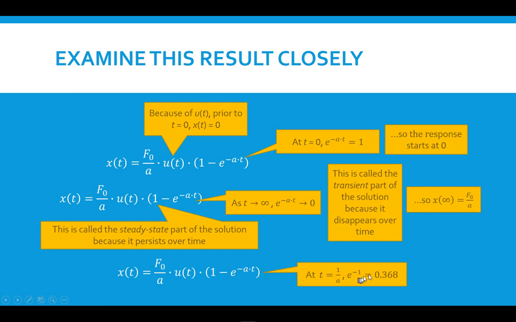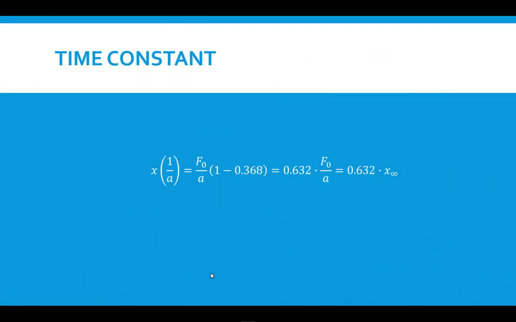And e to the minus 1 is 0.368. So when we subtract 0.368 from 1, we get 0.632 times x at infinity, which was f0 over a.